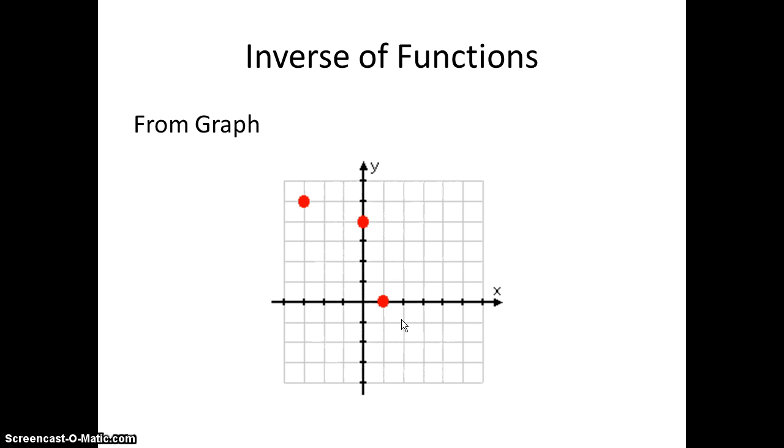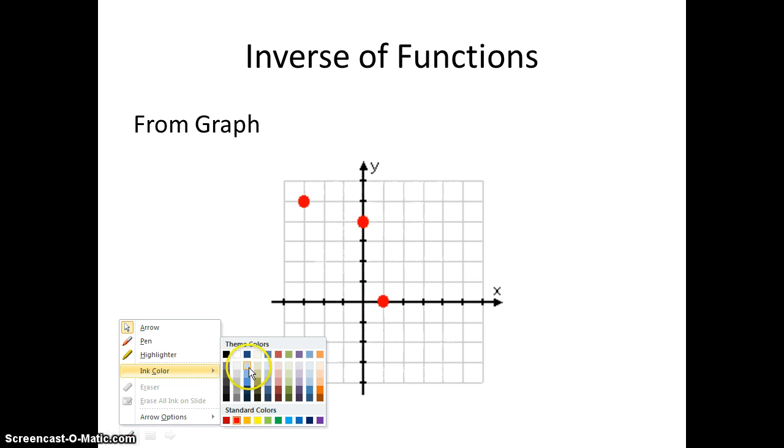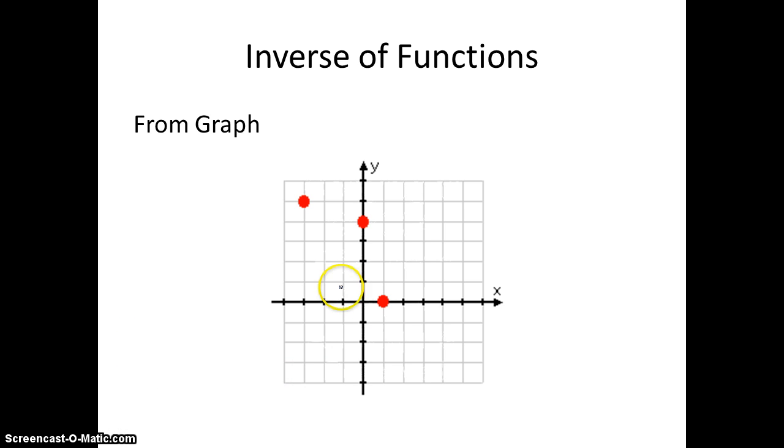So let's look at the inverse from a graph, and I'm going to have to change my color here. We'll go with a blue. All right, so let's look at our first point here. Our coordinate is 1, 2, 3, 4, 5, so negative 3, 5.